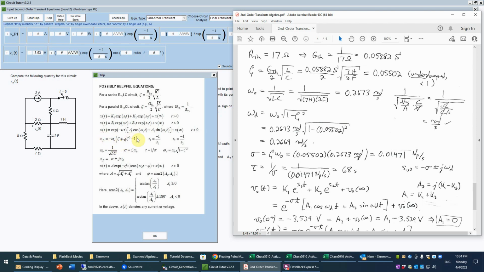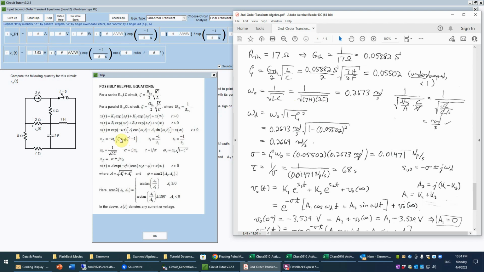Because zeta is less than 1, zeta squared is less than 1, and therefore this is the square root of a negative number, so it's imaginary, and the frequencies are complex in nature. They're in fact a complex conjugate pair, as they always have to be.